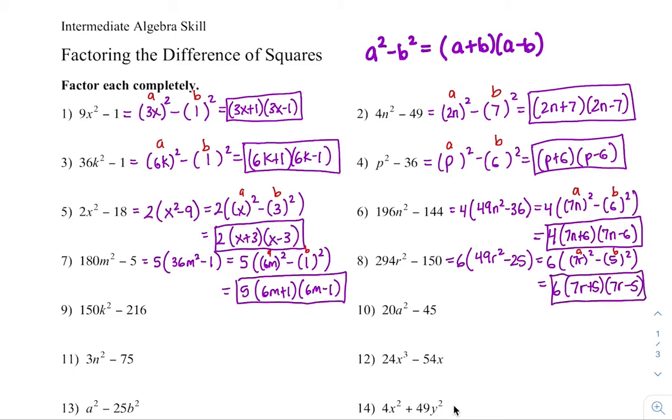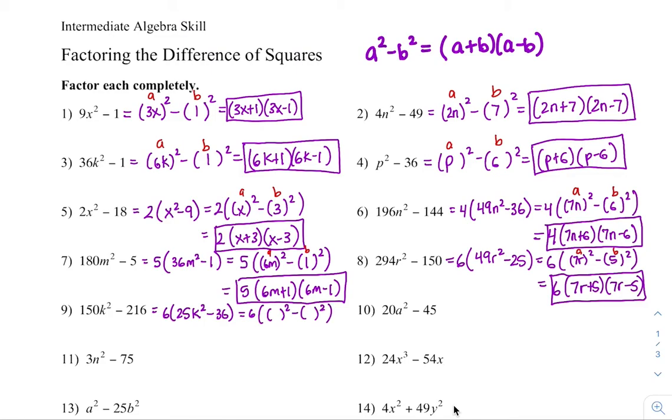All right, number 9. I could factor out a 6 from both. So factor out a 6, and we're going to get 25k squared minus 36. Ask myself what times itself would give you 25k squared, and what times itself will give you 36.